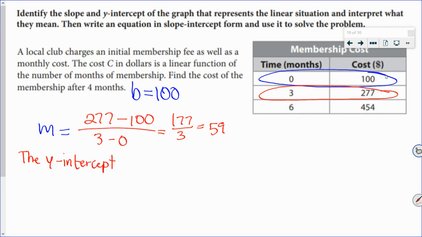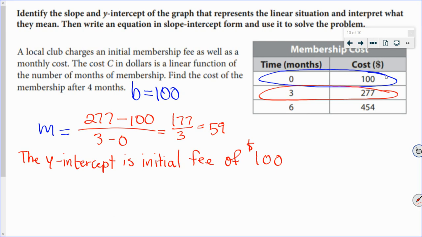What does it represent on the graph? The y-intercept is what? It's the fee. Okay? It's the initial fee of $100. In other words, at 0 months, just to join the club, I got to pay $100. That's what the y-intercept is.